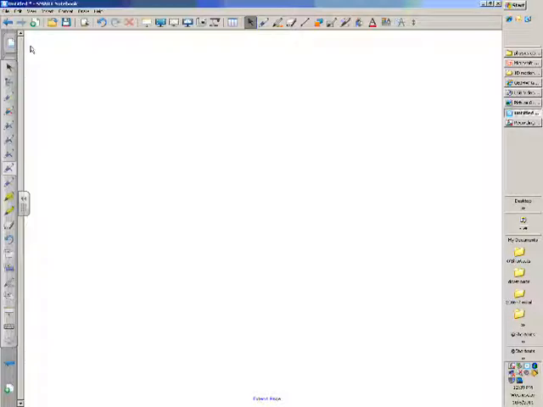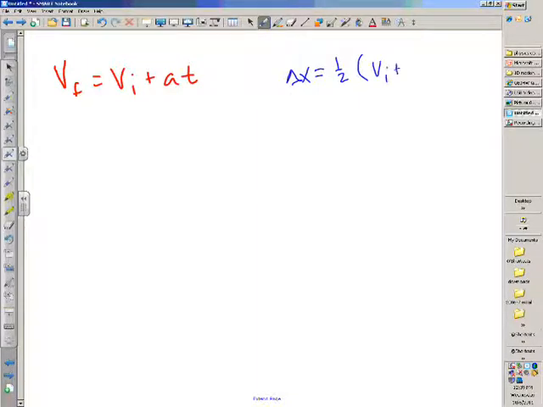Okay, the fourth equation starts with 2 previous equations that we looked at. So VF is equal to VI plus A times T. And then the second expression was the blue one, which was delta x is equal to 1/2 VI plus VF times T. What we're going to do here is take one of these expressions, I'll take the red one, solve it for t, and then plug t back into this expression here.